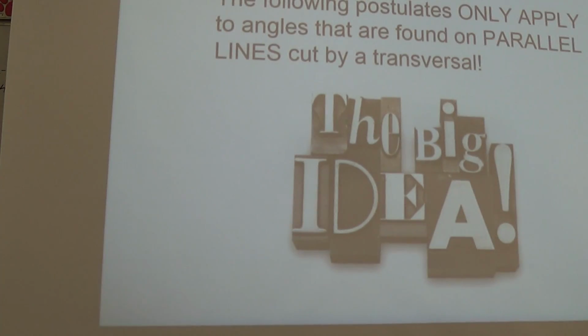The important thing we're going to cover today are the postulates. The postulates only apply to angles that are found in parallel lines cut by a transversal. So the things we're going to be talking about today and tomorrow only apply in this special case, when you have parallel lines cut by a transversal.